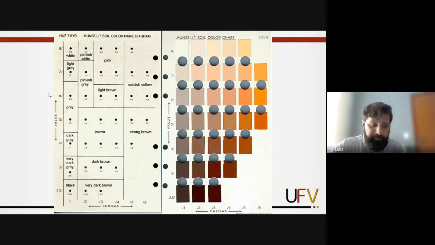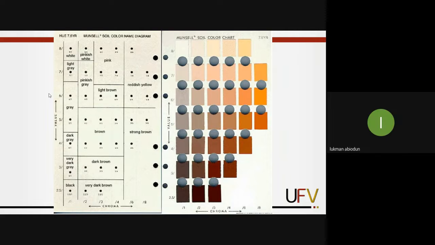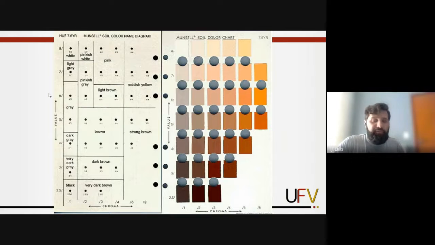Someone? Oh, please. For easy description. So no, but why do you think it's important to describe soil color?